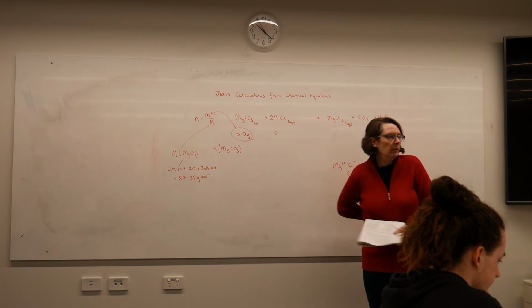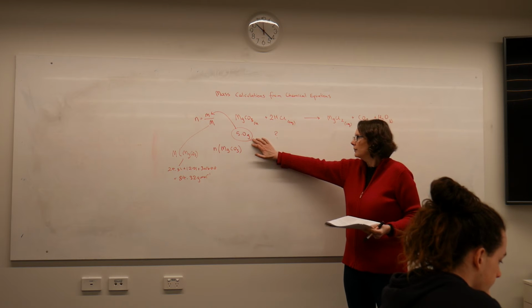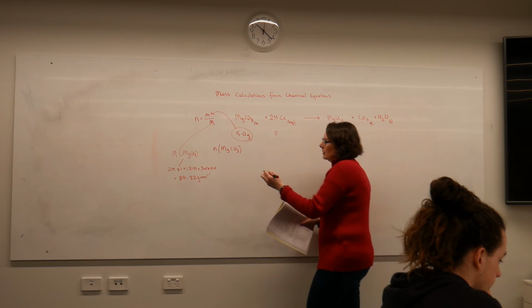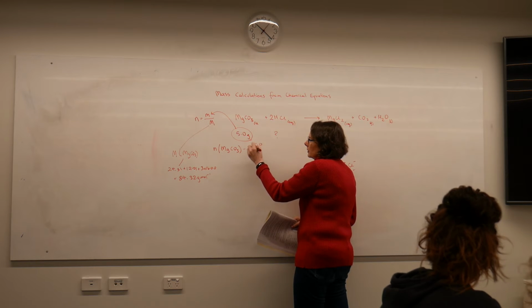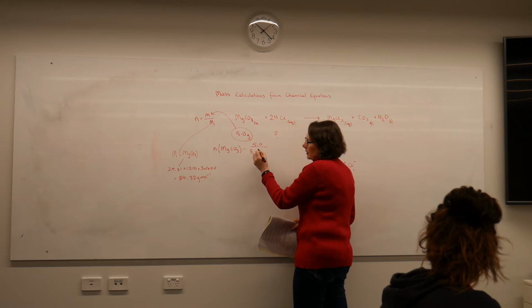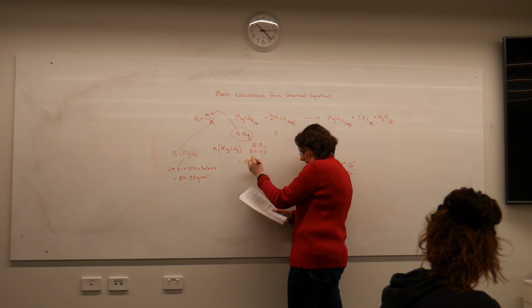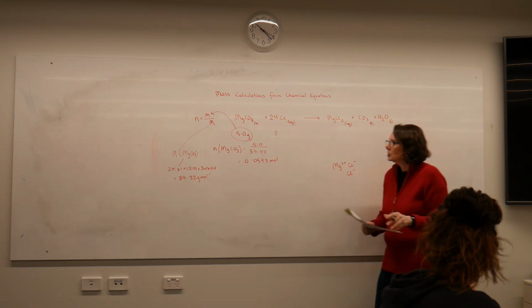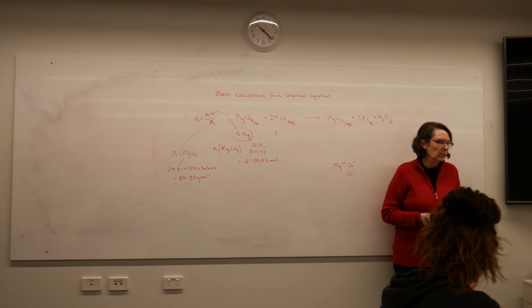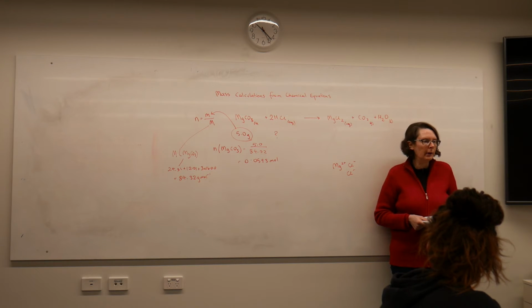Now we know the mass of 1 mole. We can work out how many moles we have if we only have 5 grams. The moles of magnesium carbonate will be 5 divided by 84.32, which gives me 0.0593 moles. So if that's the moles of magnesium carbonate I have, how many moles of hydrochloric acid am I going to need?